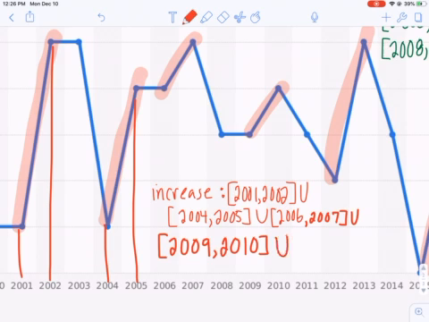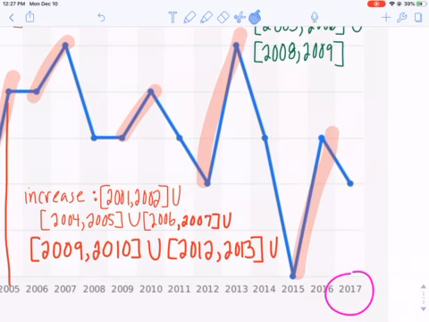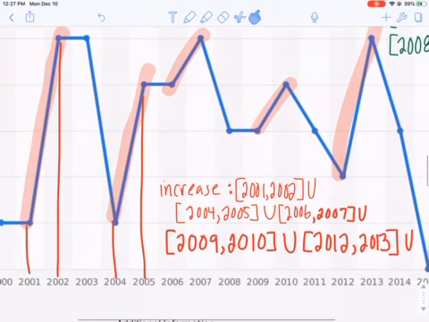Put another U here because I still have some more. 2011 to 2013. Up, 2012 to 2013, excuse me. This is why it's good to take your time with this. As you can see, it's easy to make mistakes sometimes. Take your time. And then again, another U in here because I've got one more increase. Looks like it's from 2015 to 2016.